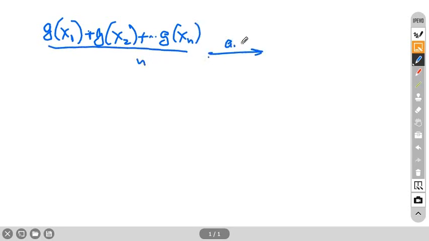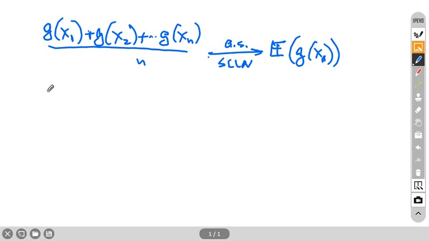By the strong law of large numbers, if I am talking about almost sure convergence, this will tend to, now this is my y1, y2, yn. Y1, y2, yn are IID again, because the xk's are IID. Then g of x1, g of x2, g of xn will be IID. So this will tend to the expected value of this random variable, just g of x1.